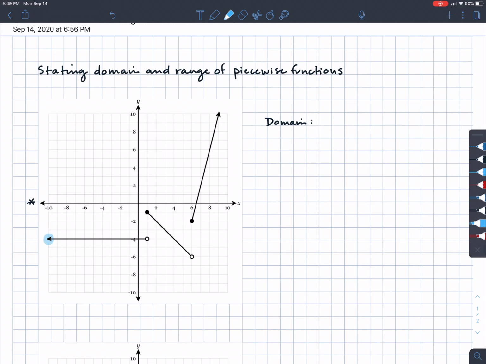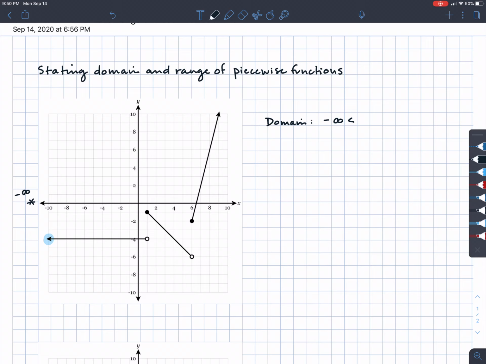That means that this function is going to go on to the left forever, all the way towards negative infinity. So our smallest value of x is negative infinity, and we're going to put a less than sign in front of that because we can never reach infinity.